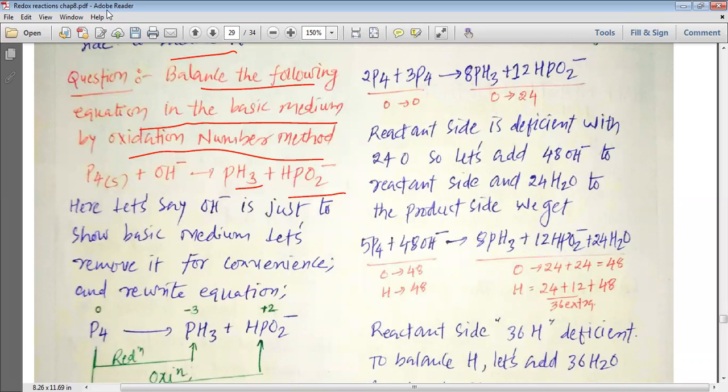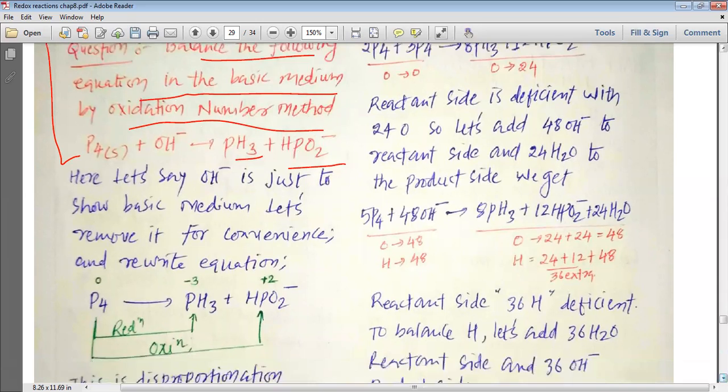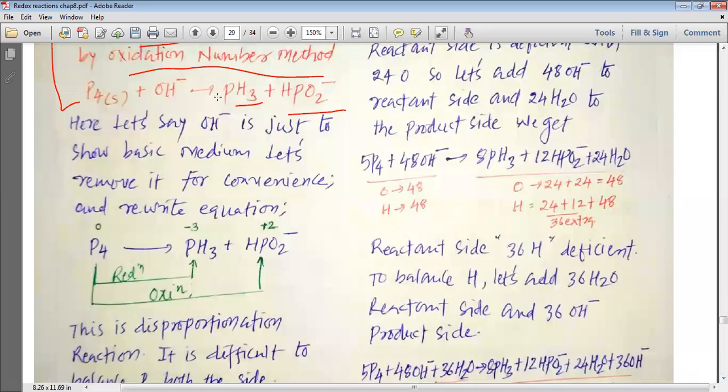Now here we will follow the method which is used in the basic medium. To solve this, we will have to do some more tasks also. It is a very interesting case, and it is the most difficult equation to be solved by the oxidation number method in your textbook exercise.